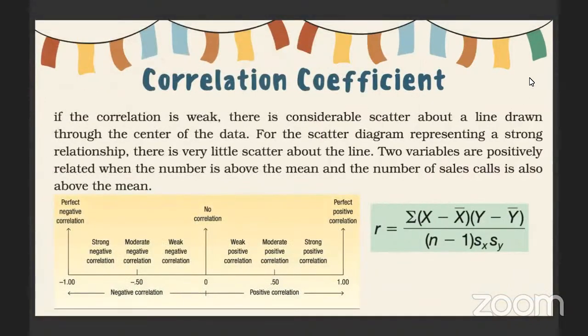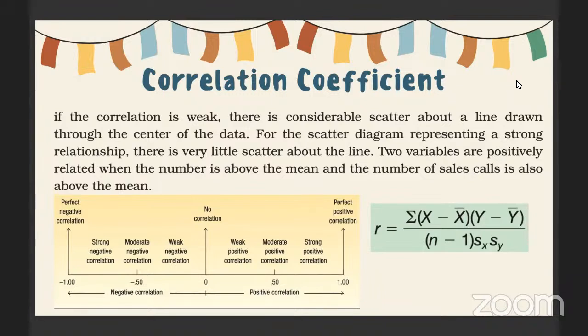Next, if the correlation is weak, we must also remember there is a large scatter around the regression line. But if the correlation is strong, then there is very little scatter in the line.